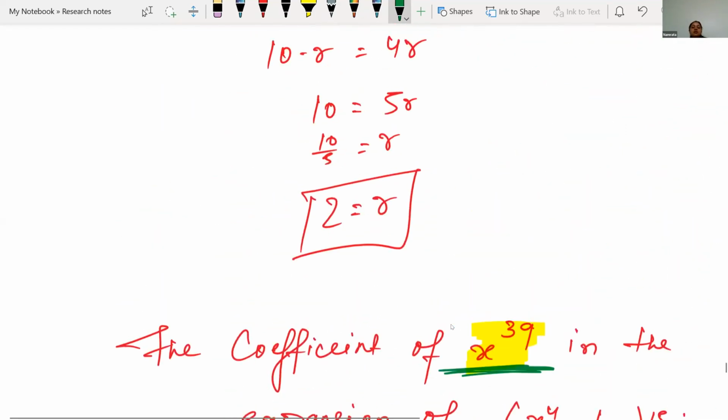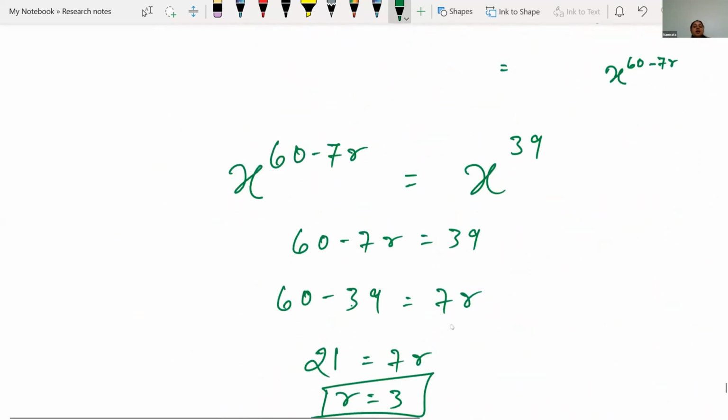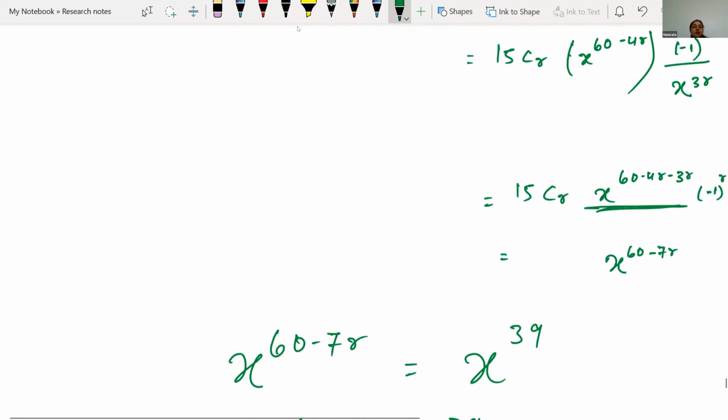Now what the question says, the coefficient of x to the power 39. It's asking about the coefficient and I told you whenever it says coefficient you have to take everything that is multiplied with x. So we are going to take this one also and this one also. Can you see it? These are the coefficient of x to the power 39, right? Yes, ma'am.